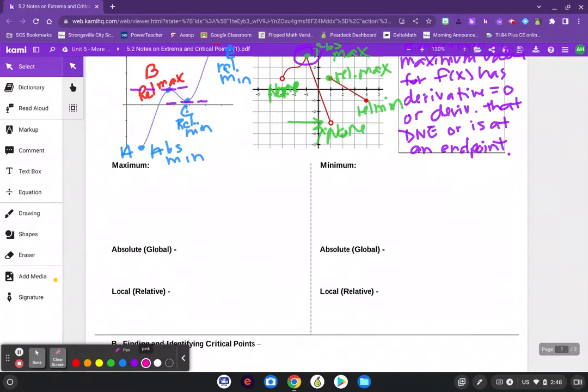Yeah, we'll go with pink. So maximum means that f of c is a maximum value. By the way, when we talk about min and max values, it's a y value. F of c is the output at c.